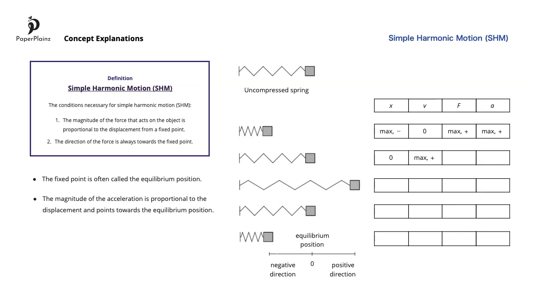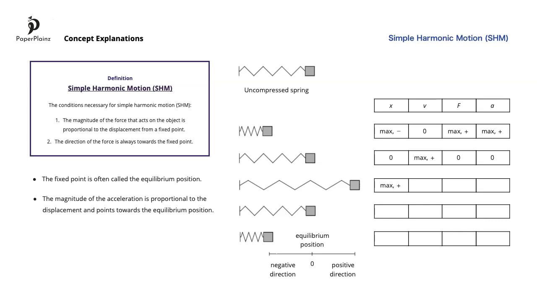It is relatively straightforward to figure out the force and the acceleration, because both are proportional to the displacement. Since displacement is 0, force and acceleration are also 0. In the third position, the spring is fully stretched. The object is as far to the right as possible, so the magnitude of the displacement is maximum, and its sign is positive.